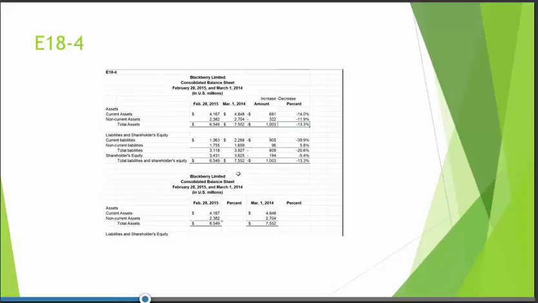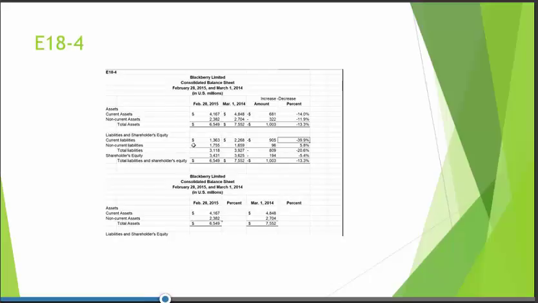Okay, we can then do the same for the liabilities and equity. So current liabilities, 1,363 minus 2,268 gets us a decrease of 905. 905 divided by the prior year, which is 2,268, is minus 39.9%.